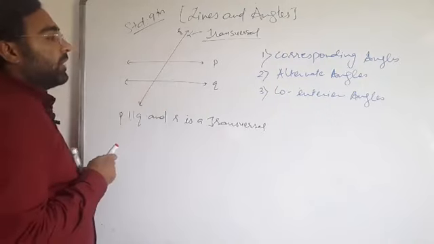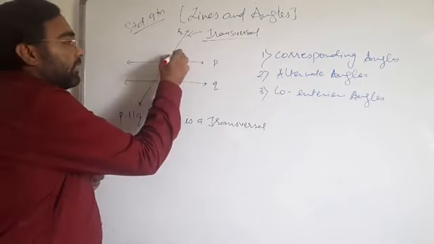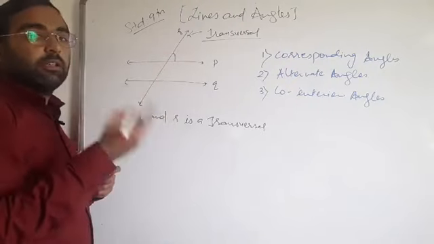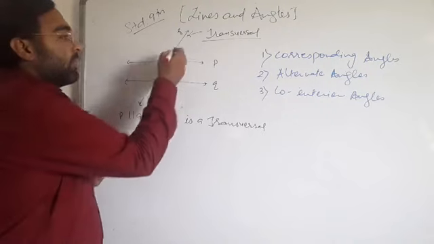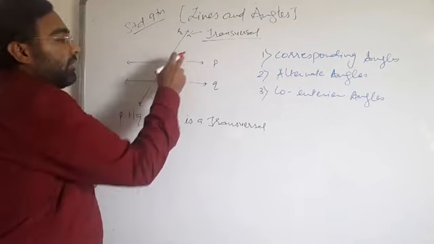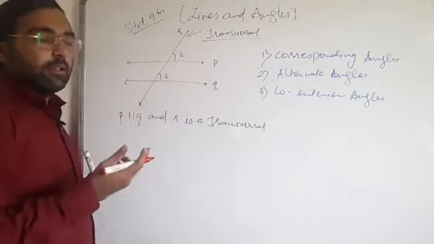Here students, if P and Q are parallel to each other and R is a transversal of them, then I'll get the names of the angles in the form of numbers. This is my first angle, this is my second angle. So angle 1 and angle 2 are equal.